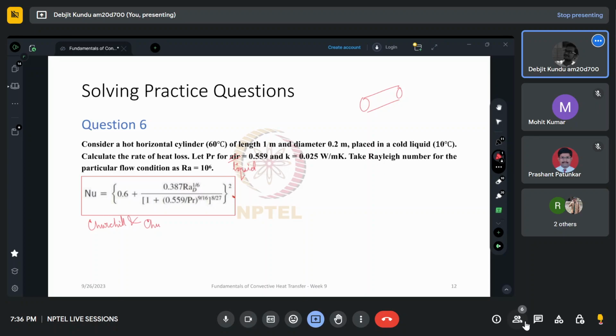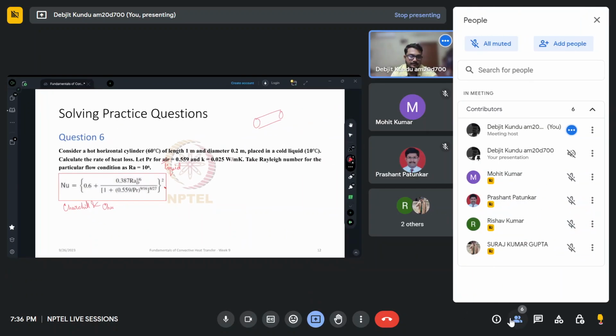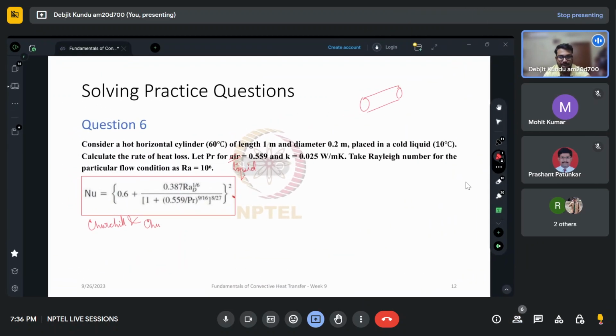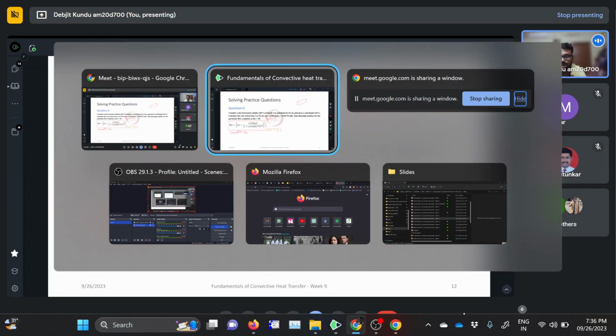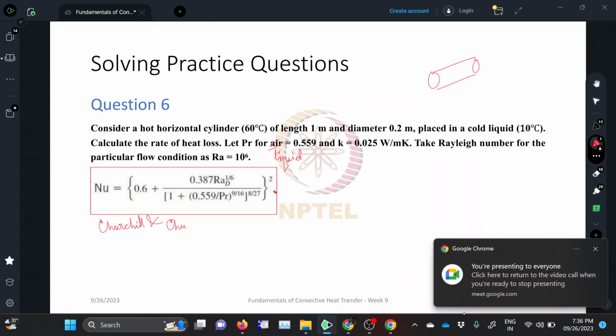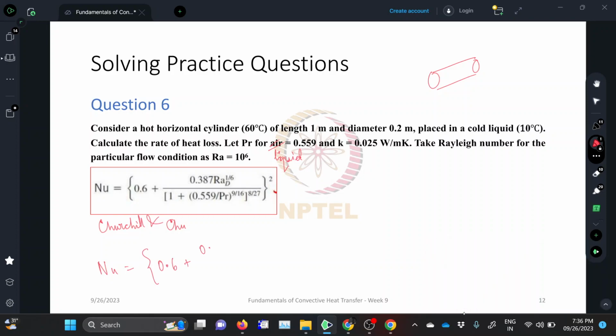So how would you try to solve a problem like this? What would be the first step? To calculate the Nusselt number first. Right. So if we try to calculate the Nusselt number first, we have 0.6 plus 0.387 into Rayleigh number to the power 1 by 6.